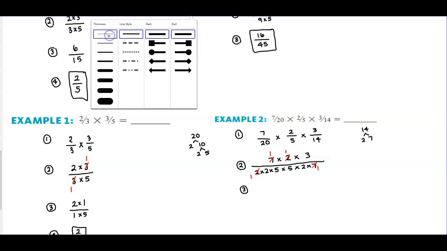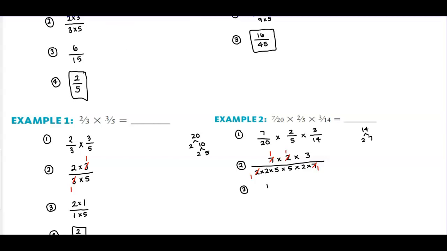So therefore, in the numerator, we have 1 times 1 times 3. In the denominator, we have 2 times 5 times 5 times 2. And again, we have this 1 here and that 1 here.